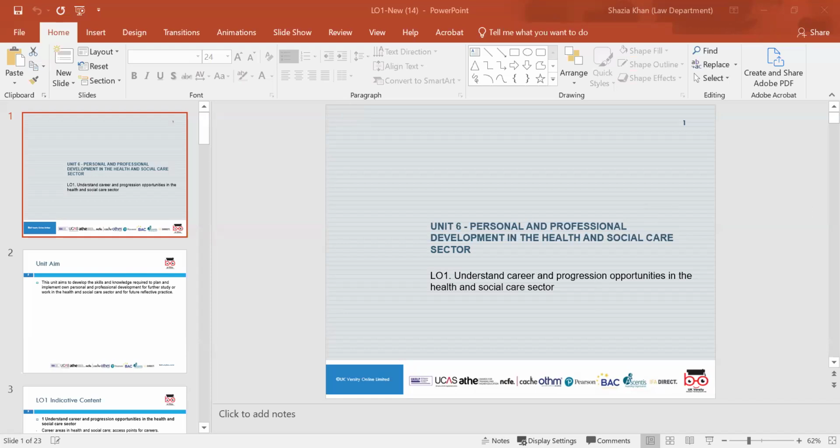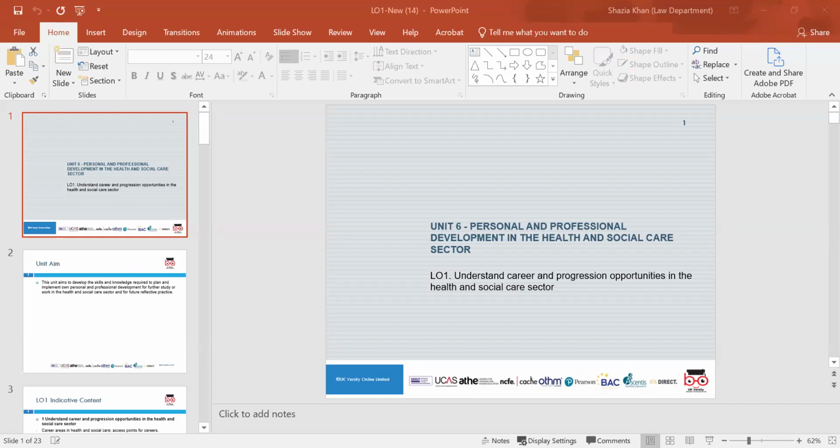The whole point of this unit is to develop your skills and implement your own personal and professional development, reflecting on what you want to do in the future. You will demonstrate achievement of the 4 learning outcomes in the assignment.